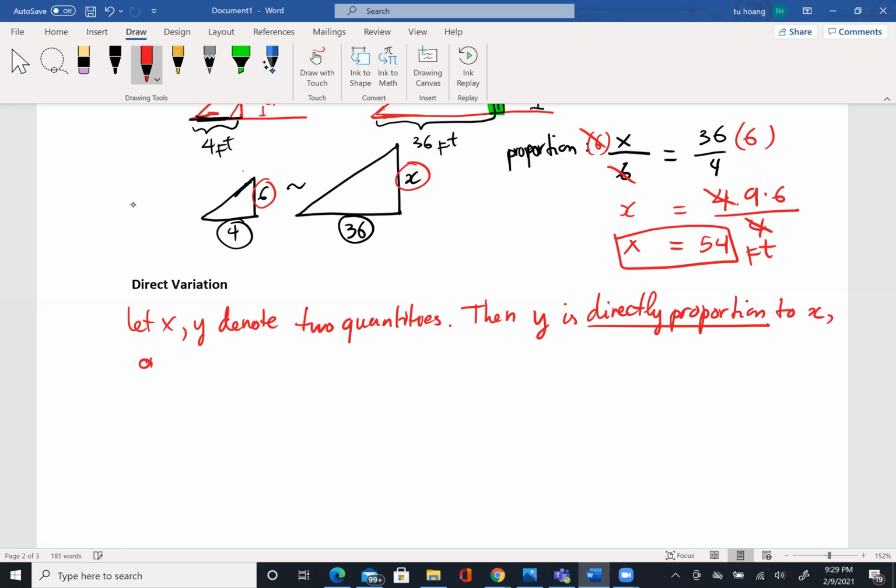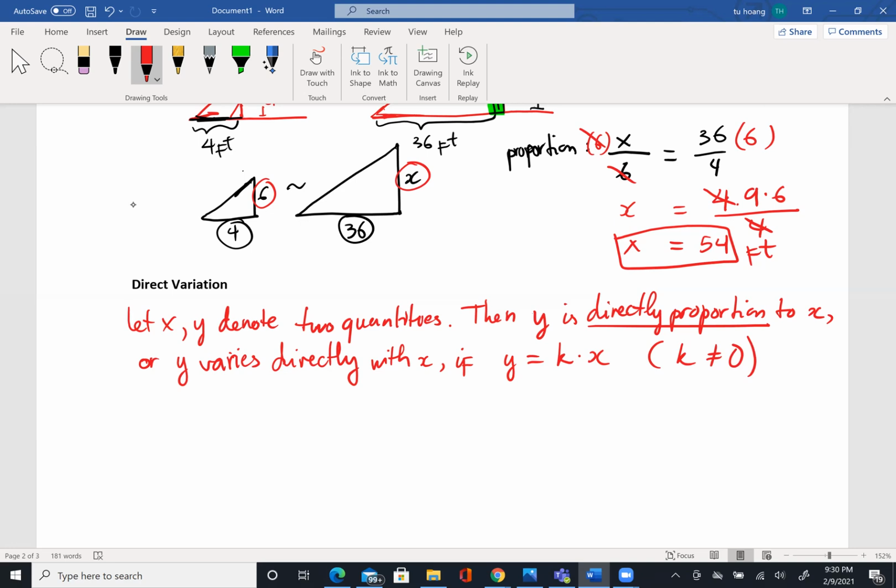or another way to say it, y varies directly with x, if y equals k times x, for k not equal to 0.